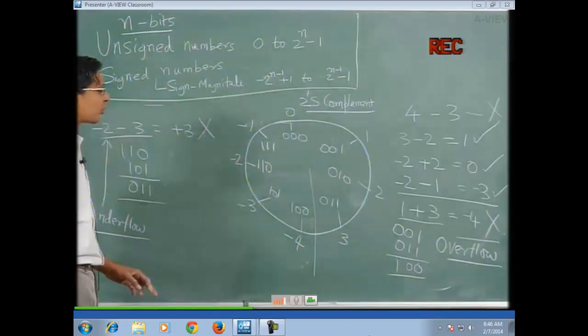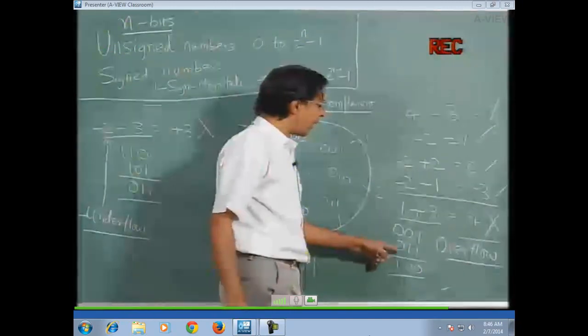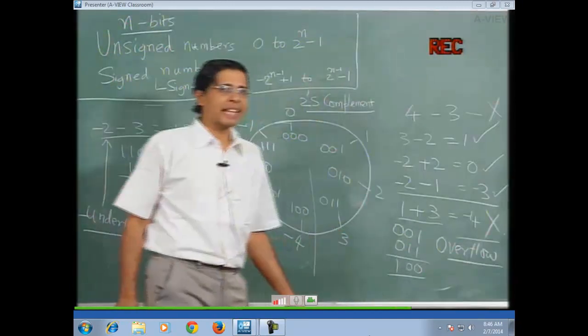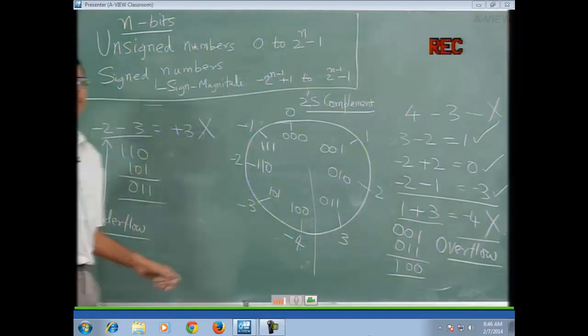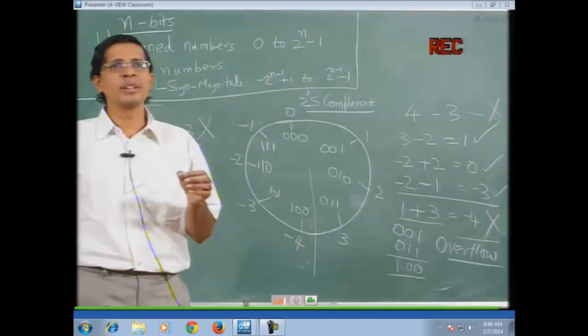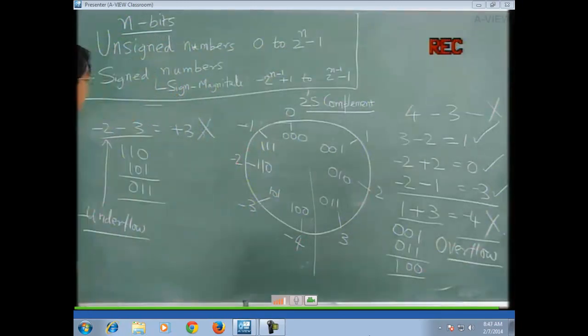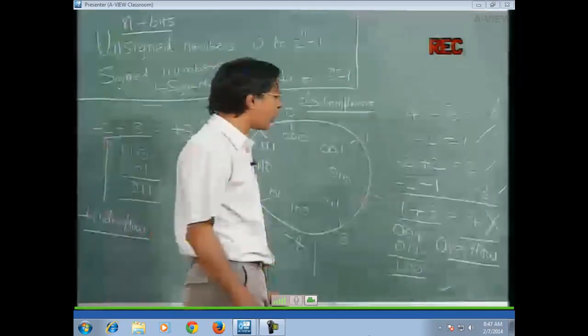So when will I get an overflow? When both numbers are positive and I get a negative number as an answer, as you are seeing here, or when both numbers are negative and I get a positive number as an answer, as you are seeing here. These are the cases where I will land up with an underflow or an overflow. Now, it is very easy for somebody to check the overflow or the underflow.